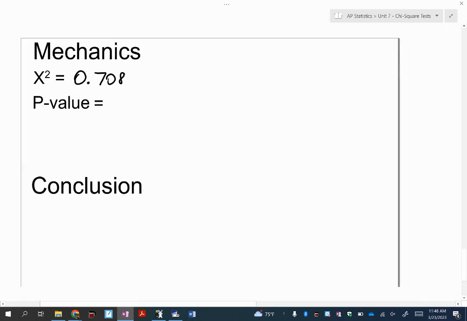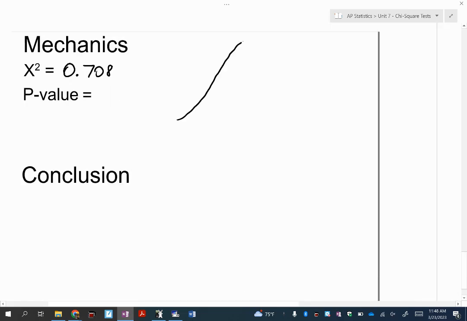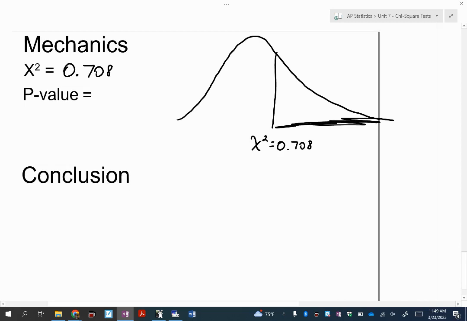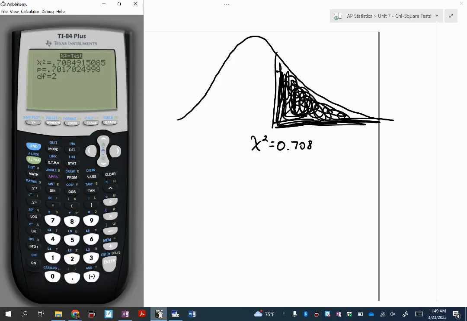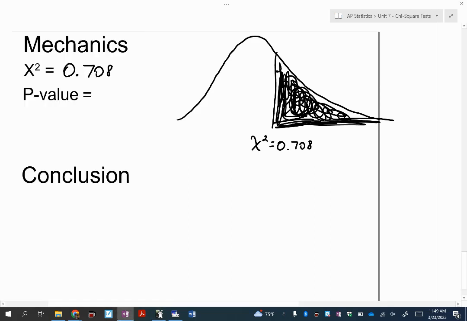All right, so I'm going to draw my curve. Skewed to the right. Notice how on this one I drew a much bigger area than I'm shading. Because what is my p-value? Yeah, it's 0.702. That's a very large p-value.